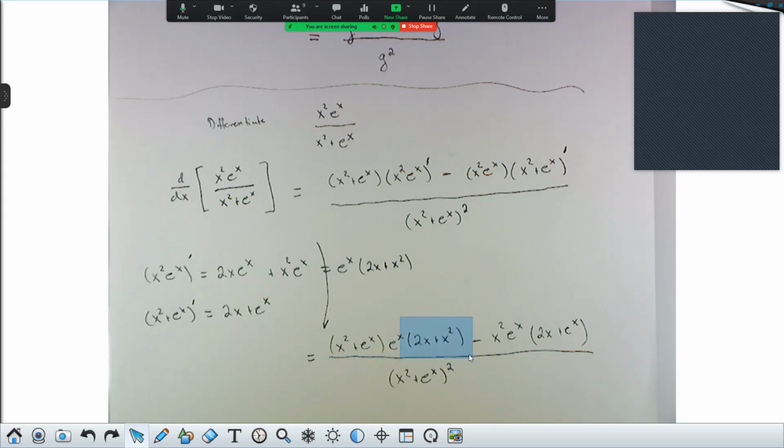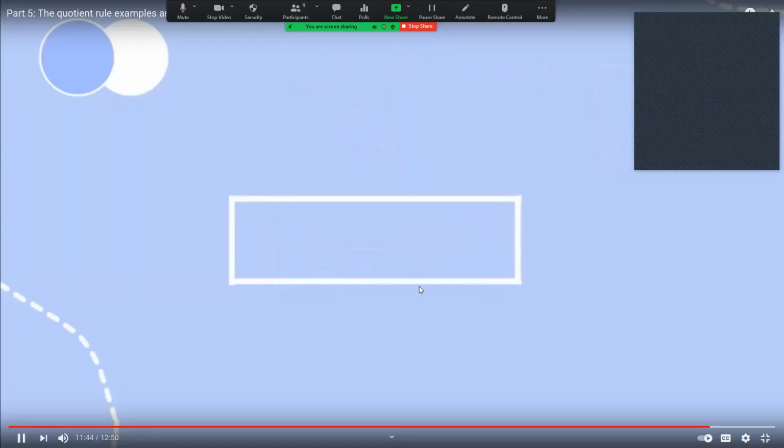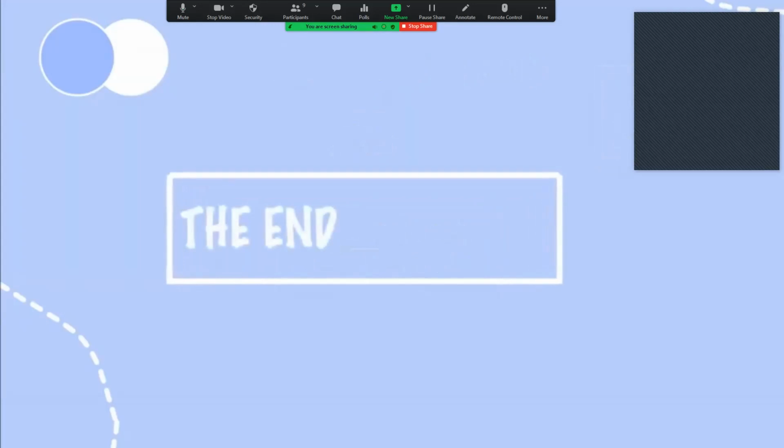And that's where that extra 2x plus x squared piece was coming from. It looked like we had a third term, but we didn't. She just factored the d high portion of the low d high minus high d low. All right, very nicely done. Okay, the end. Or is it?